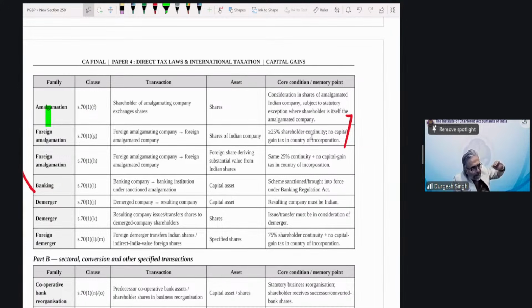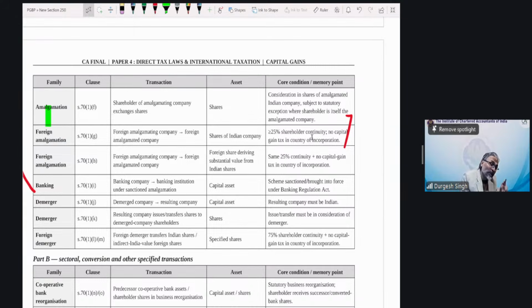So if the foreign legislation generally recognizes 25% value of the commonality of the shareholders, 25% in value of the common shareholders is what they recognize. So we also in our tax law have given that recognition. Therefore, when the two foreign companies are amalgamating, then the exemption under 70 is applicable if there are common shareholders of how much, students?